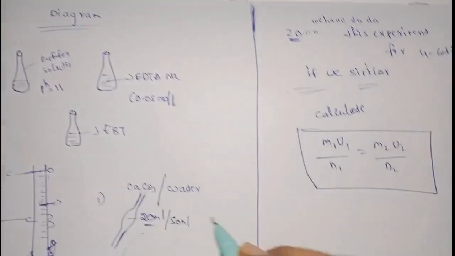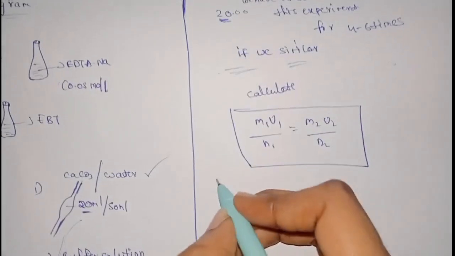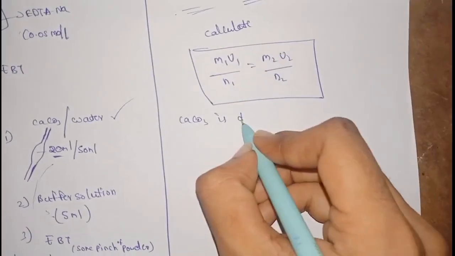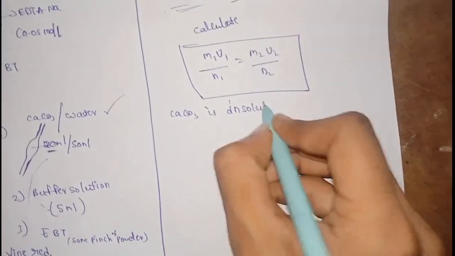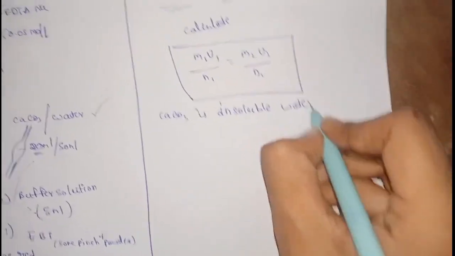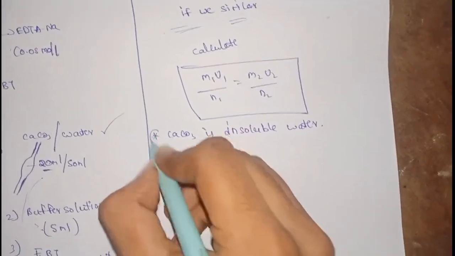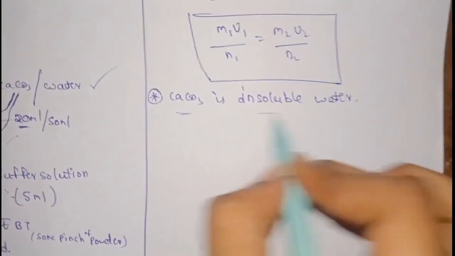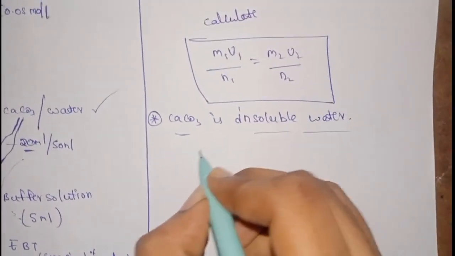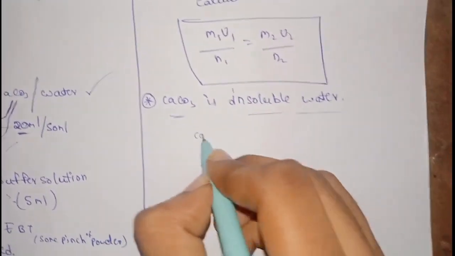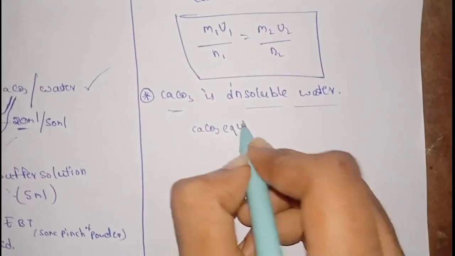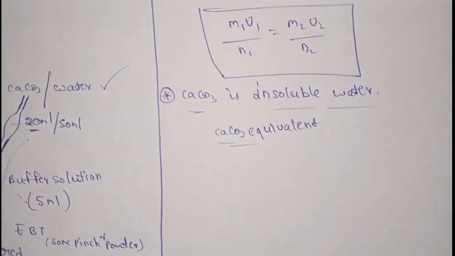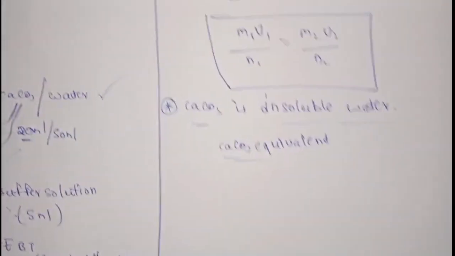Now, we already know that calcium carbonate is insoluble in water, right? We always learn this in water technology. Because calcium carbonate is insoluble in water, we take the solution and convert it into calcium carbonate equivalents.